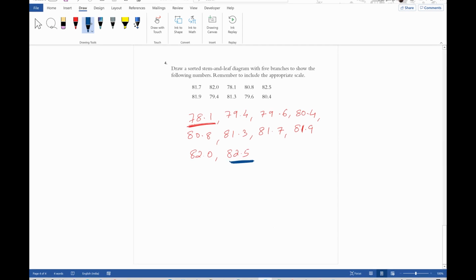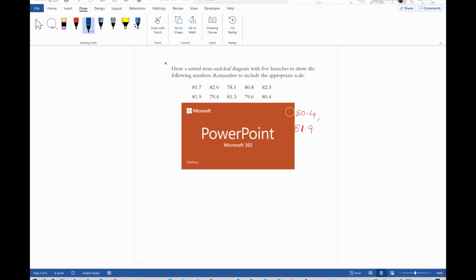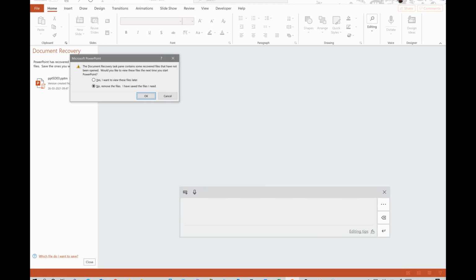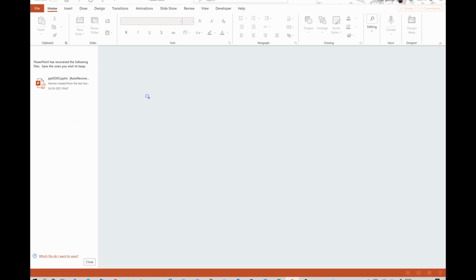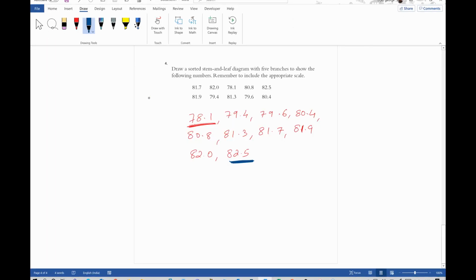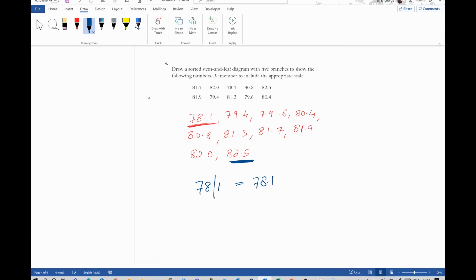First of all, we need to generate the key. What is the context that we are talking about here? I can say 78 bar 1 represents 78.1.